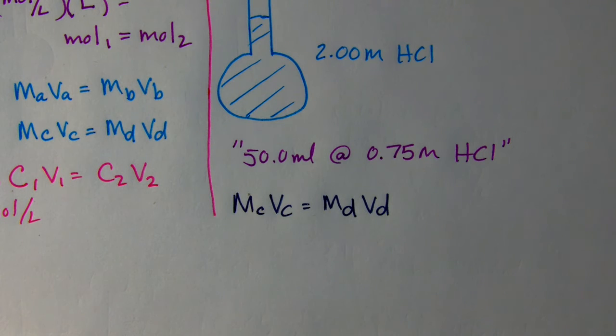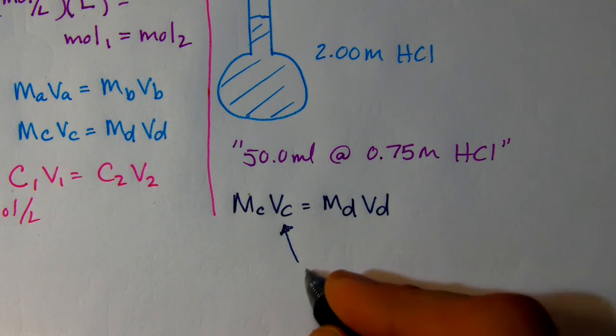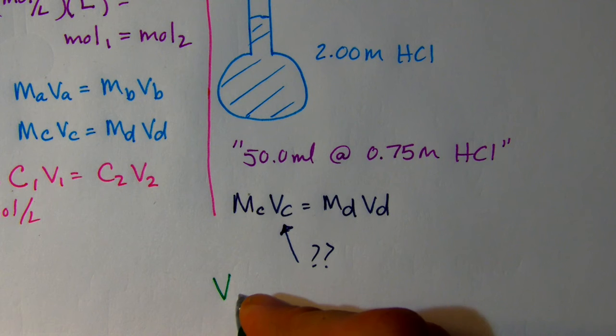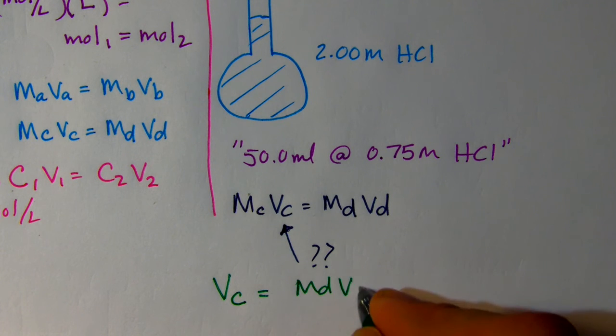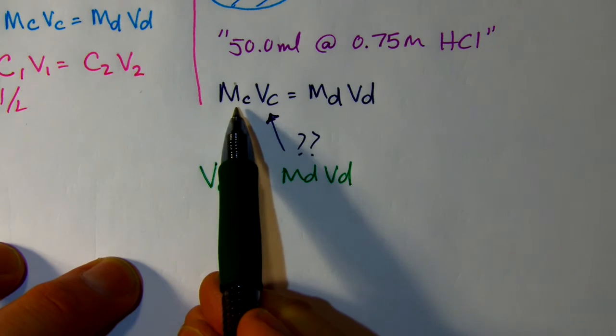You're trying to find out how much of this do I need, right? How much of that stronger stuff do I need to dissolve? So this is why you learned how to rearrange equations. The volume of the concentrated stuff, keep MdVd over here, and you're going to divide by Mc.